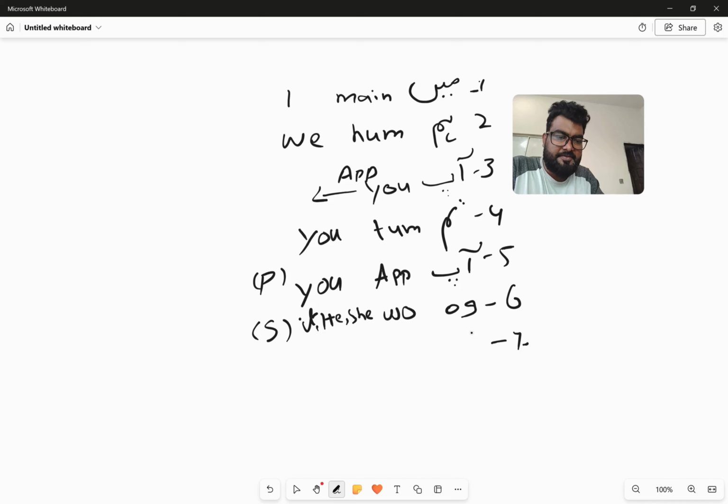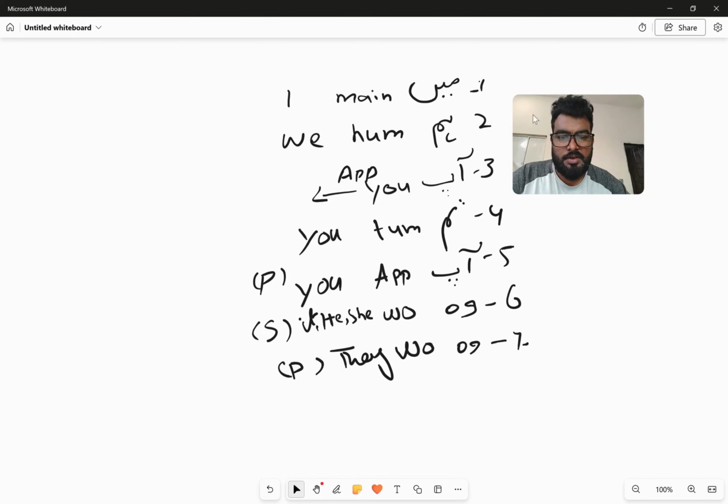The seventh one we have learned is वो, but this one is for plural. They. So in our first activity, I will add the link of the previous activity in which we learned the nouns.